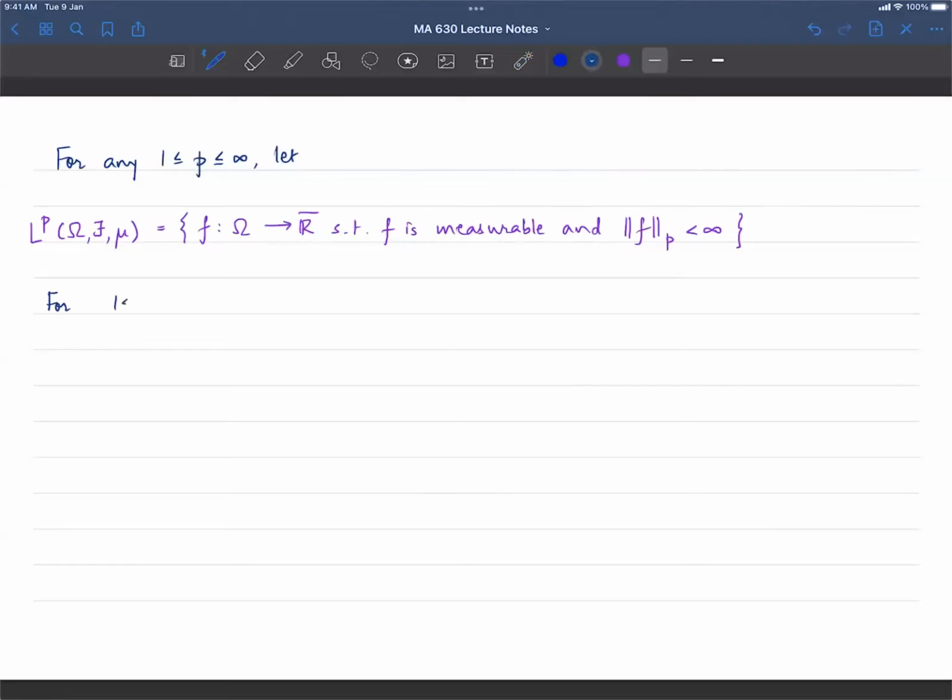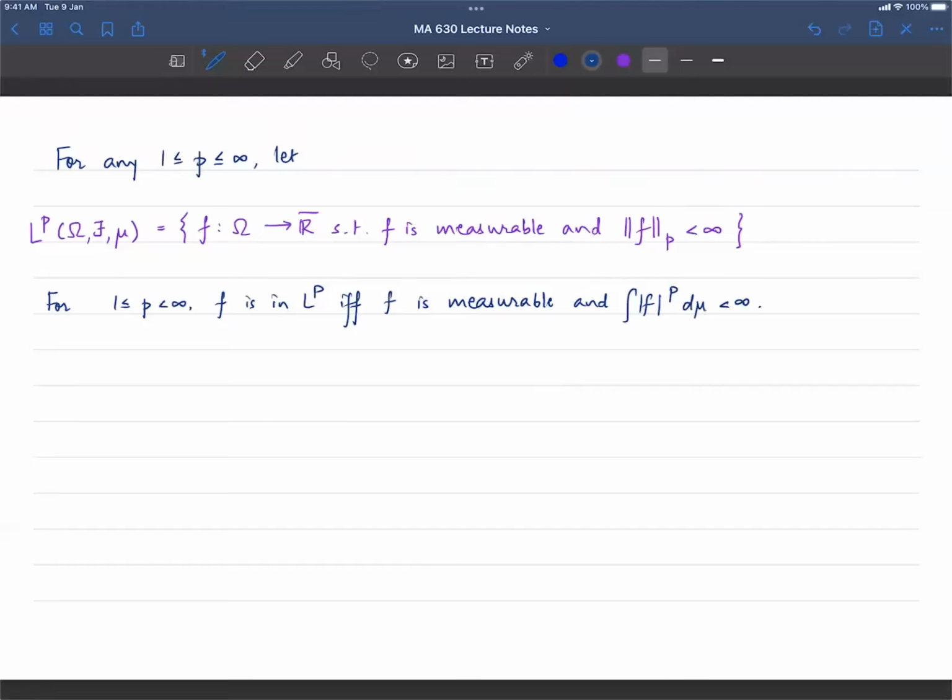For 1 less than or equal to p less than infinity, f is in L^p if and only if f is measurable and the integral of absolute value of f to the p d mu is finite.